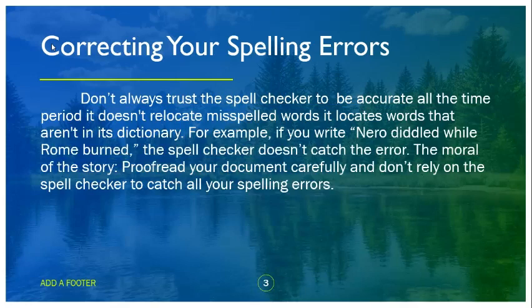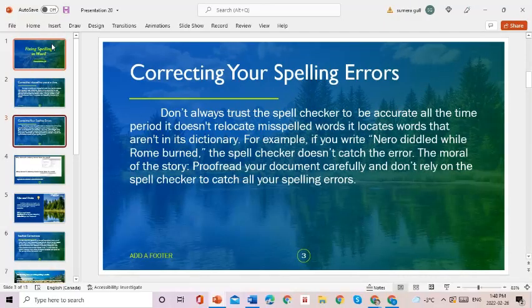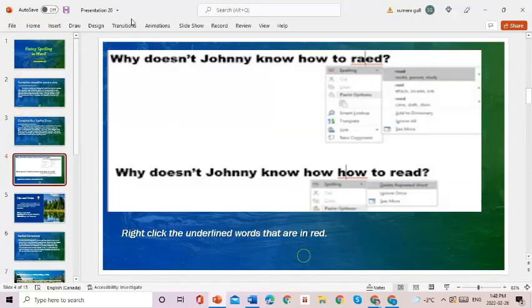You can rely 90% on this, but you cannot rely 100% on spell check. Sometimes you are writing paragraphs and you understand it's perfect, so just ignore it. Let's go to the next one.